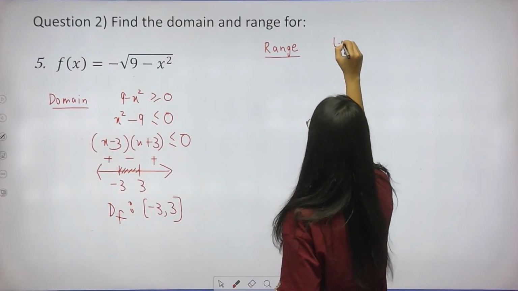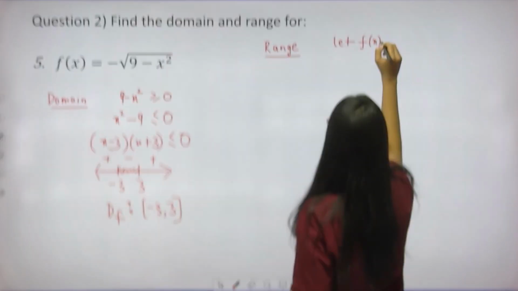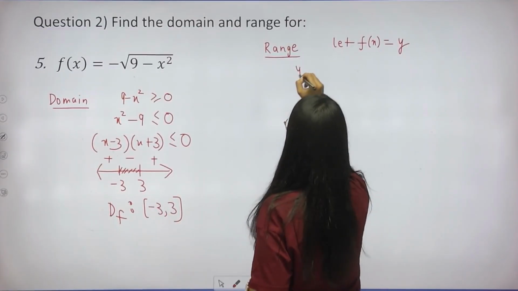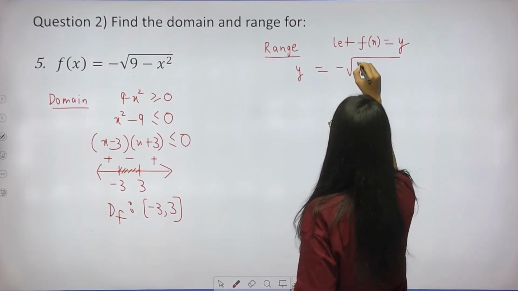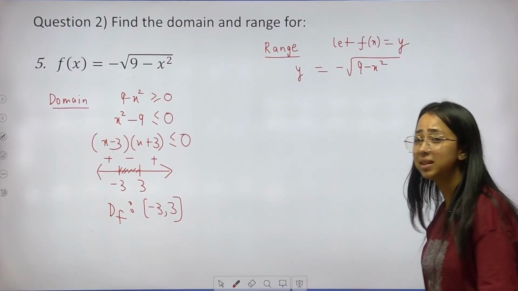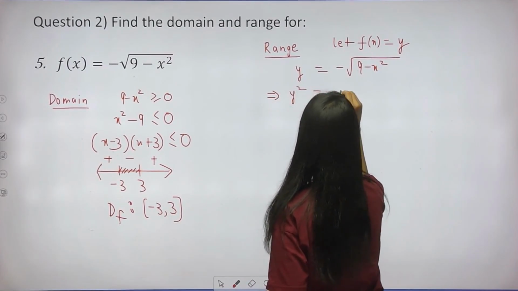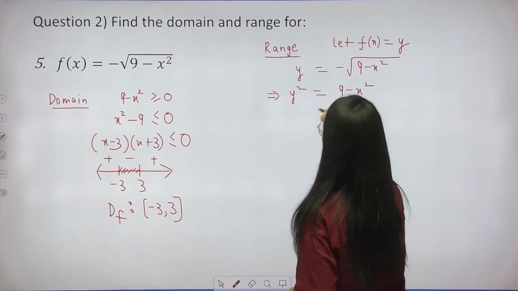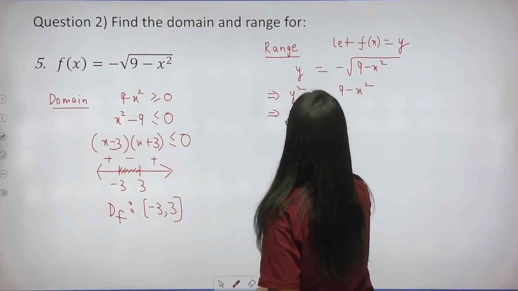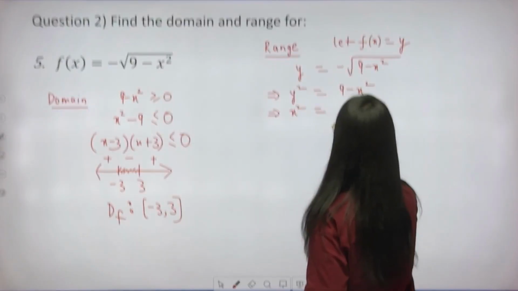Now let's find the range. So for finding the range, let f of x be equal to y. Y will be equal to minus under root 9 minus x square. Let's do squaring on both the sides. We get y square is equal to 9 minus x square. Next, x square will be equal to 9 minus y square.